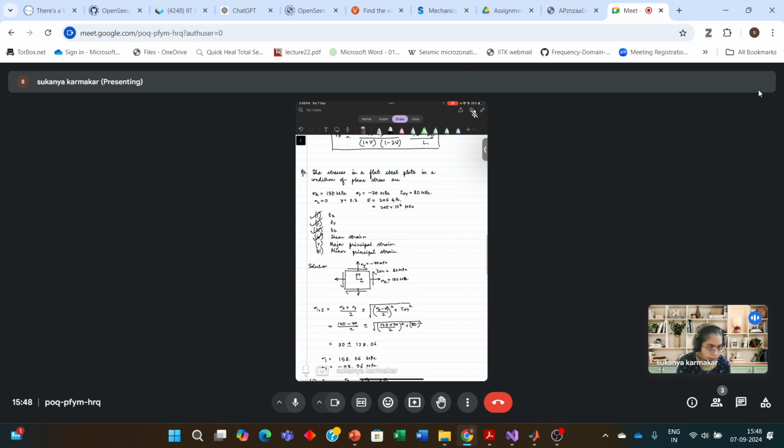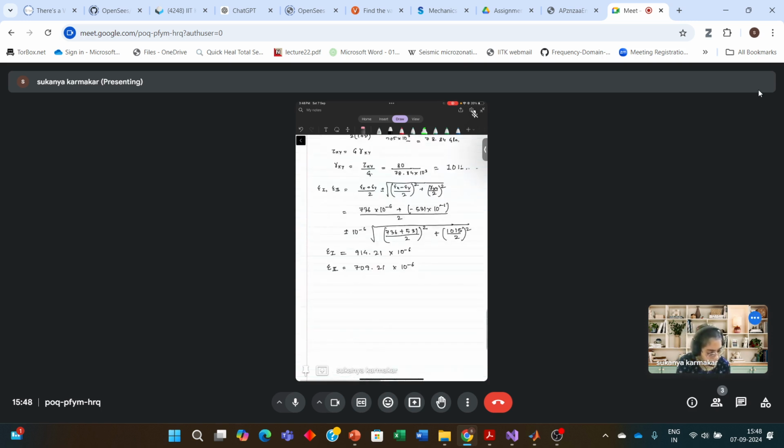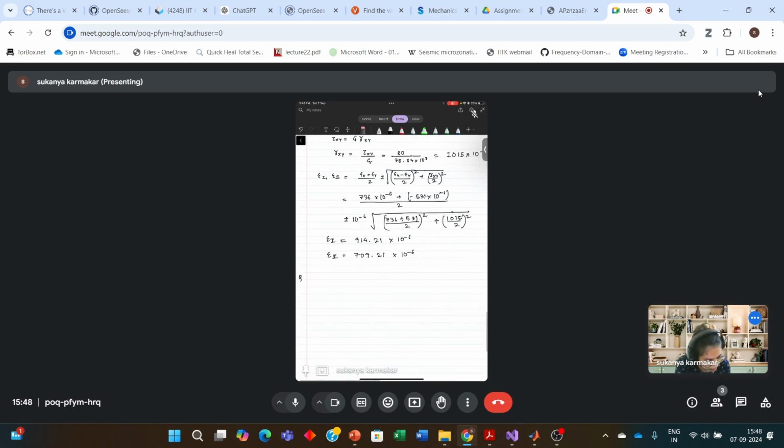So, moving on to the third question. The question reads like this. It is proposed to check the safety of a thin-walled cylindrical pressure vessel made of hot rolled low carbon steel by measuring changes in length and circumference as the internal pressure is increased.